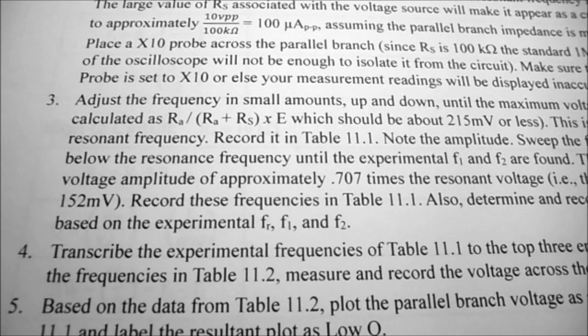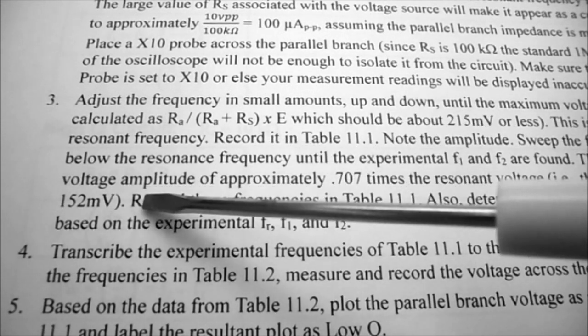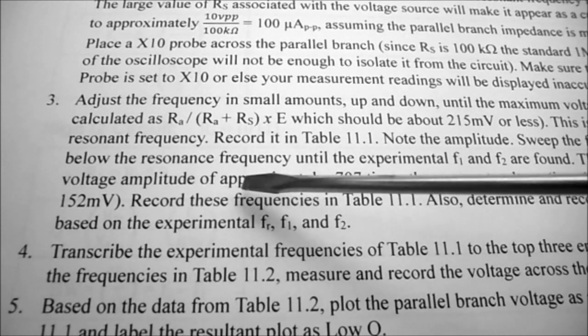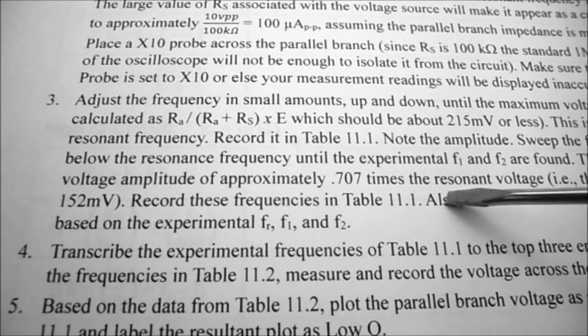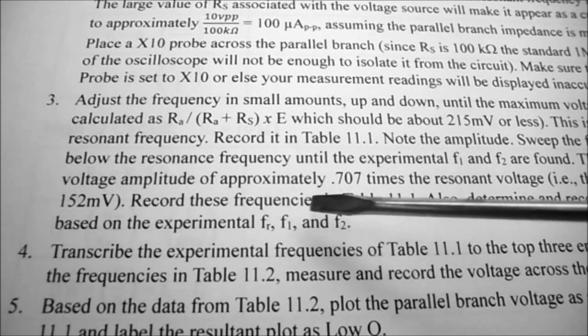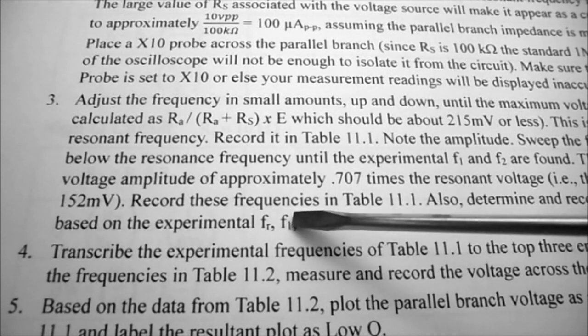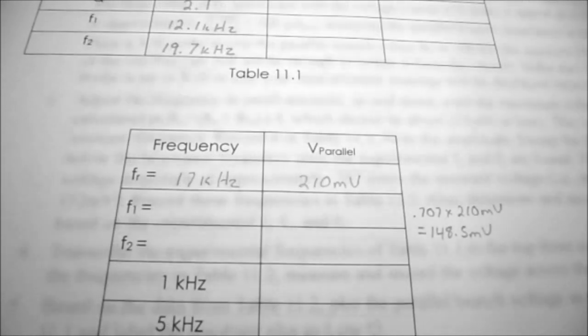These are the half power points, so these should occur somewhere around 152 millivolts. We're to record these frequencies in table 11.1, and then we're to determine and record the experimental Q based on the experimental resonant frequency, F1 and F2.